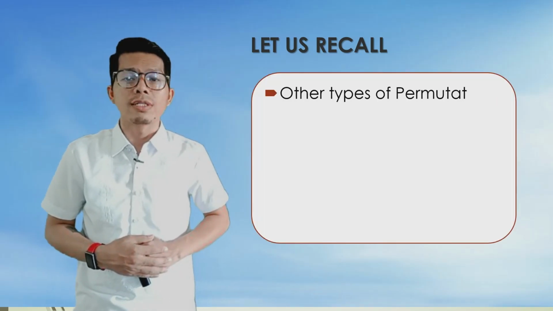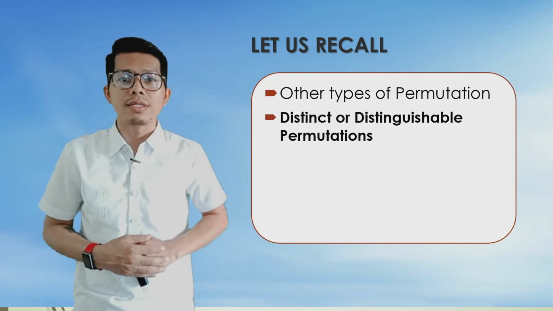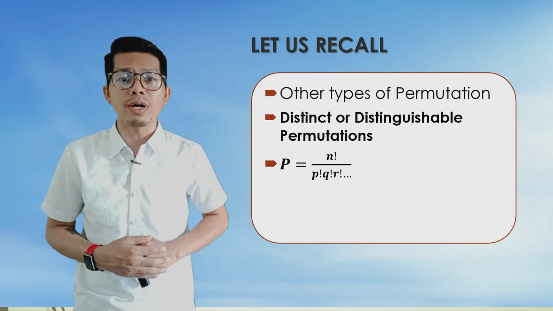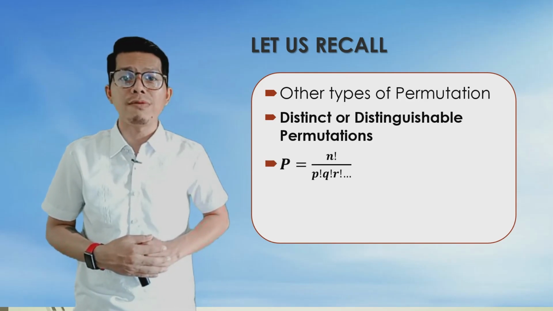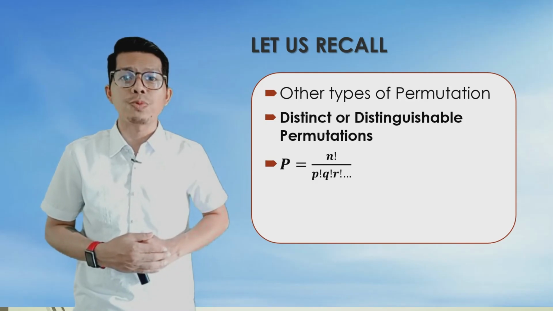We have the distinguishable permutations, denoted by the distinguishable permutation is equal to n factorial over p factorial times q factorial times r factorial and so on. Take note that we can only use this formula for those objects with duplications or repetitions.